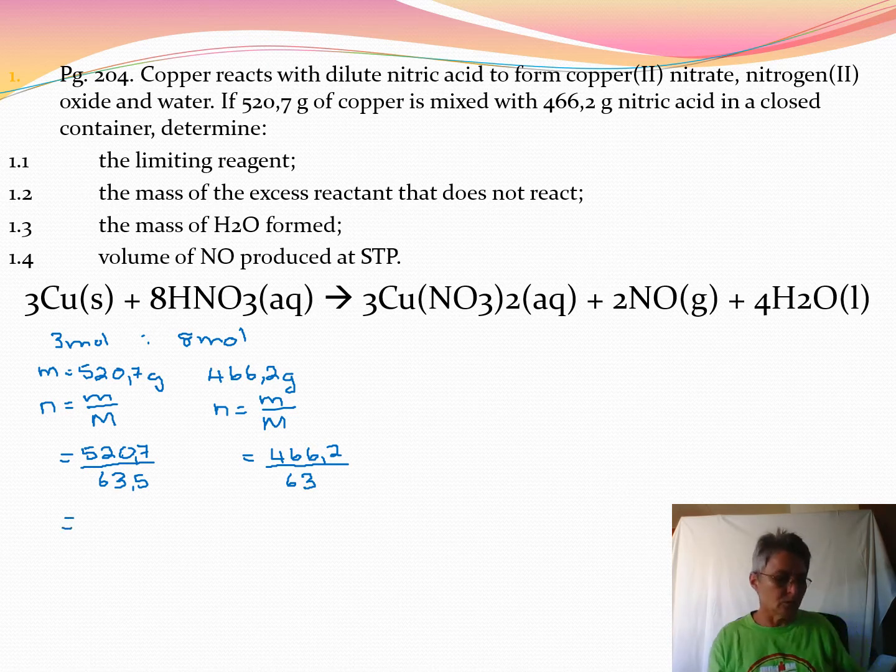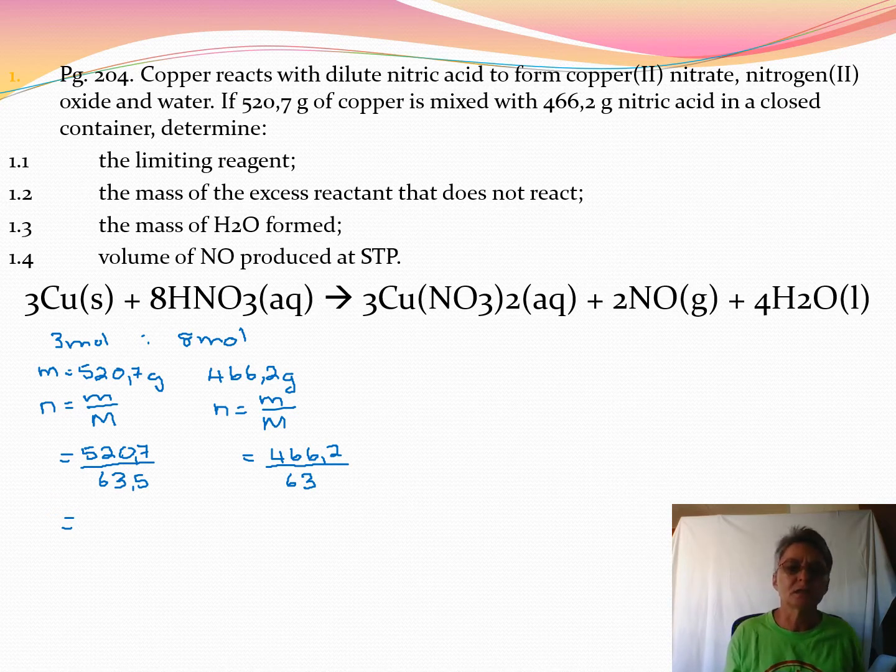So the moles of copper we have is 520.7 divided by 63.5.